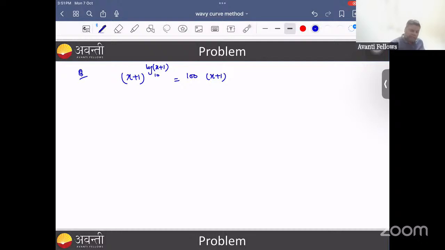So first of all, take log both sides. In this kind of question, there is a variable in the power and a variable in the argument, so you first of all take log both sides. So that means log of (x plus 1) to the power log (x plus 1) base 10 is log of 100 times (x plus 1) base 10. Correct?